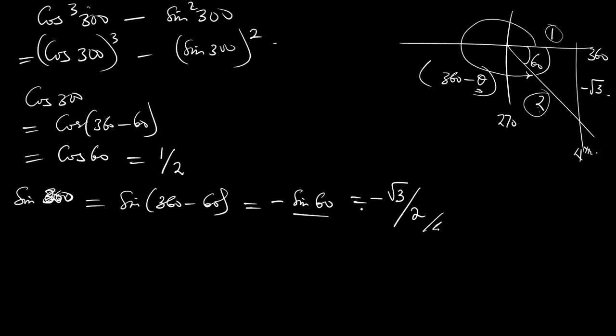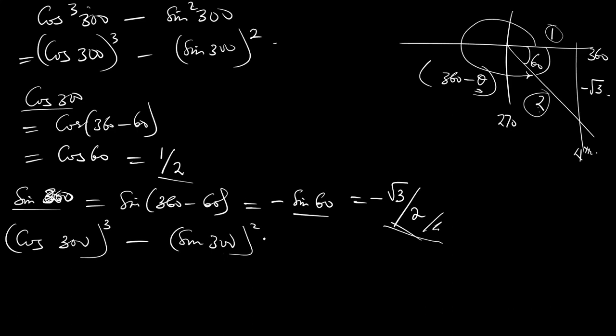So if we now plug in, you have sine 300 equal to this and cos 300 equal to this. So let's plug it in. You have cos 300 all cubed minus sine 300 all squared.